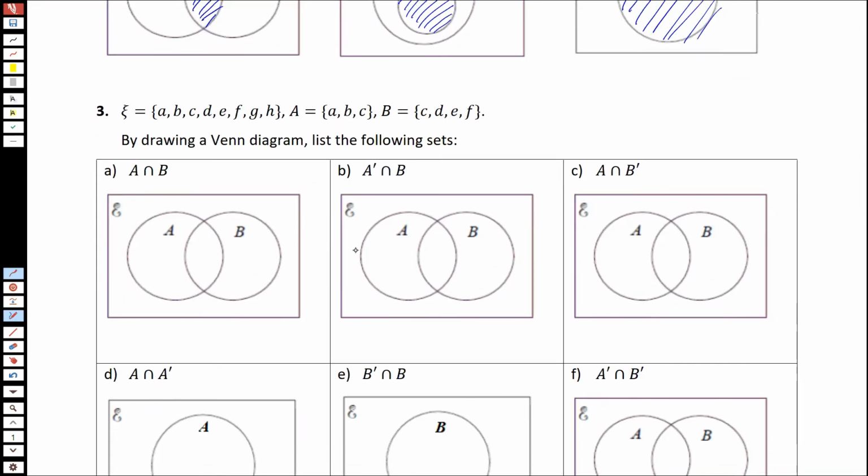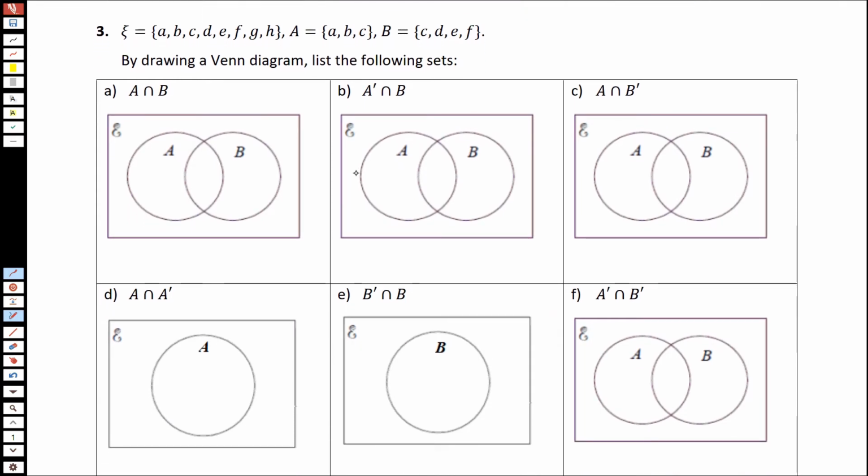So in number 3, again, by drawing the Venn diagram, we are required to list those sets. So in the first Venn diagram, I'll list the required elements in each set so that we can see what this represents. Just by inspection, we can see that C is in common. So C goes in the middle.